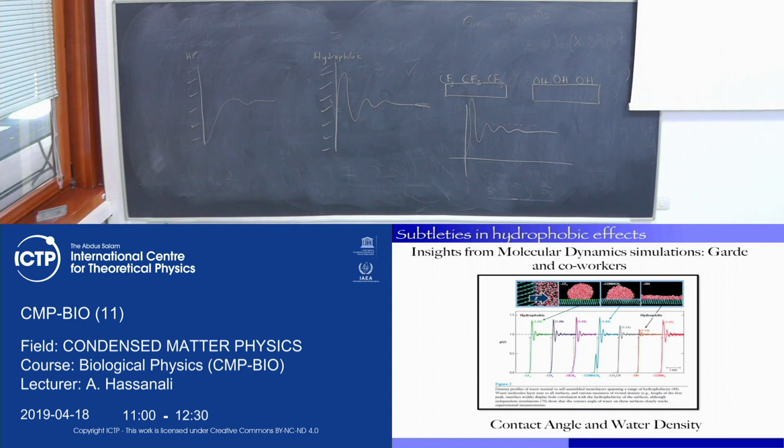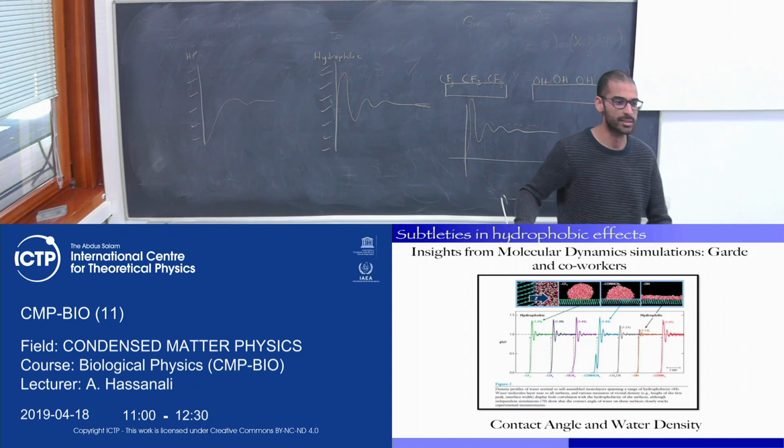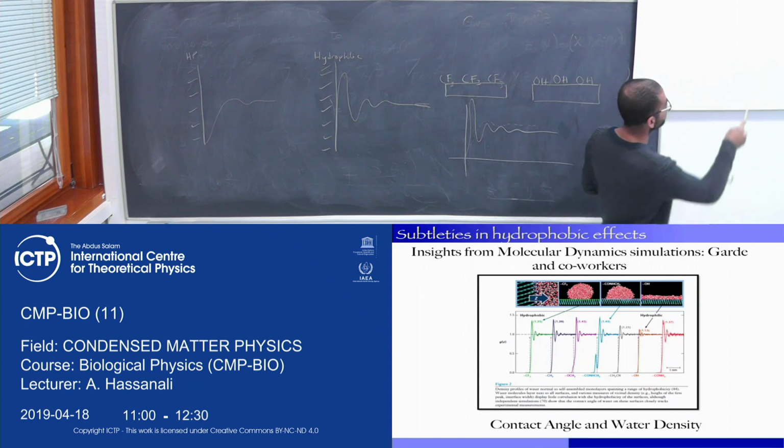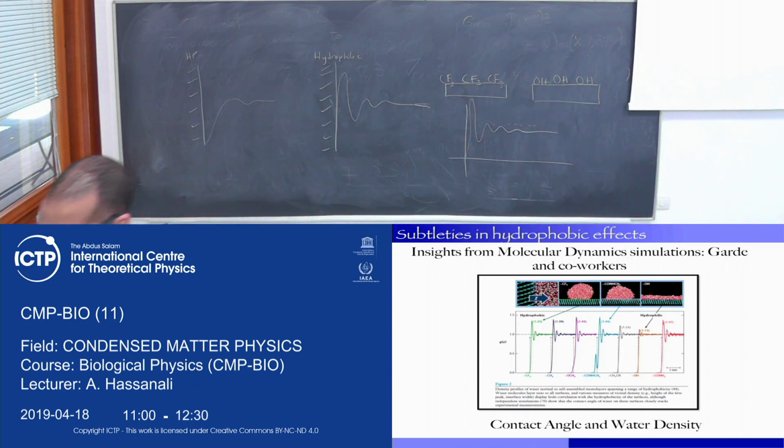Because if wettability is related to stronger binding energies, to negative, favorable solvation energy, you'd expect that near the hydrophilic surface there's more tendency to form stronger interactions. So there should be a bigger peak compared to the hydrophobic one. But this is not the case. And so the density itself, which averages out fluctuations, does not give you a good measure of hydrophobicity.